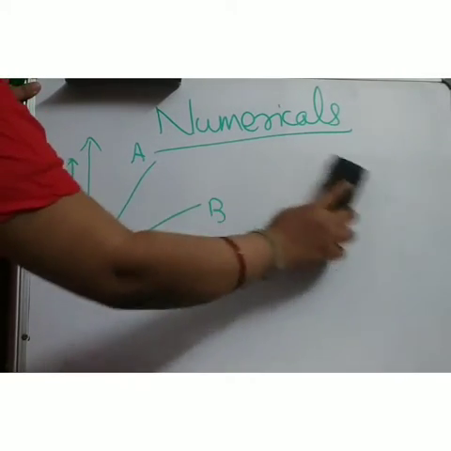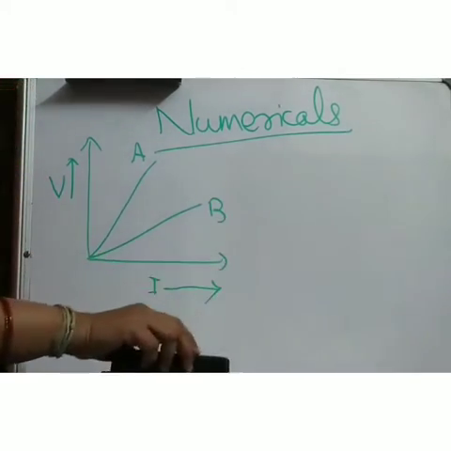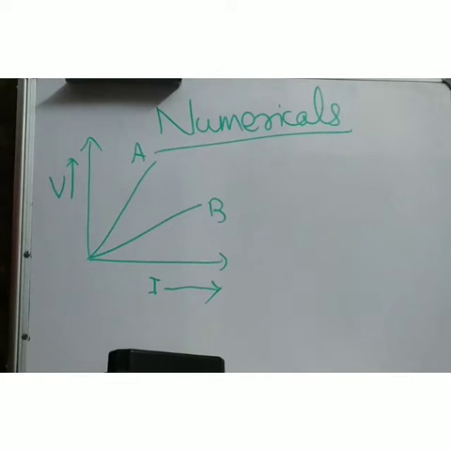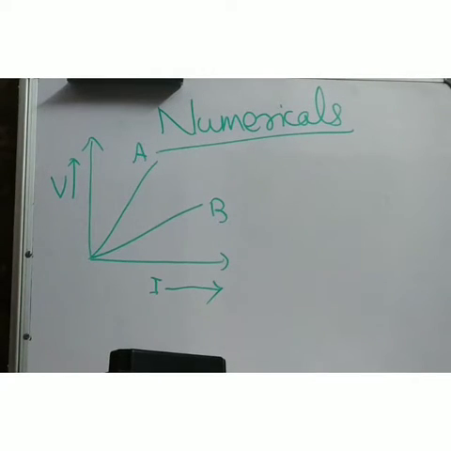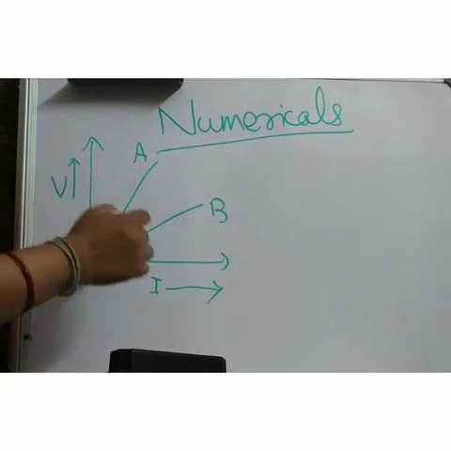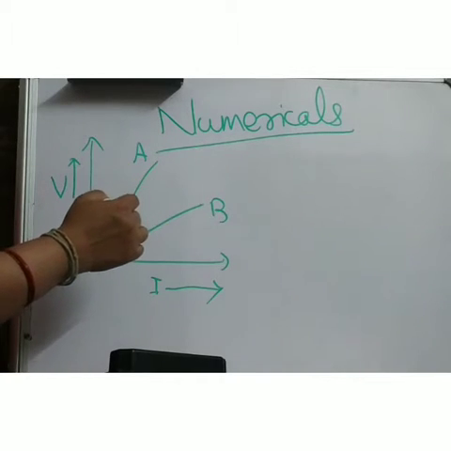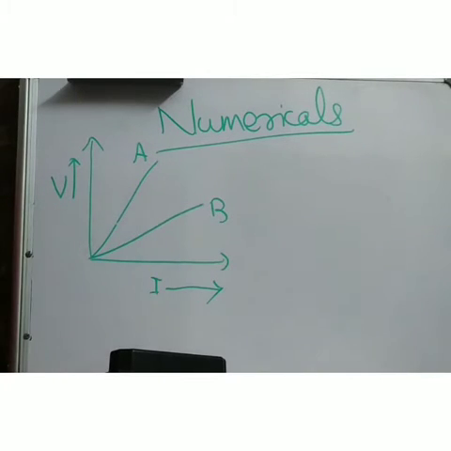How to do it? Both have the same length and same thickness. How to find which one has high resistivity? I have already discussed VI characteristics. The slope of the VI characteristics gives you the resistance.